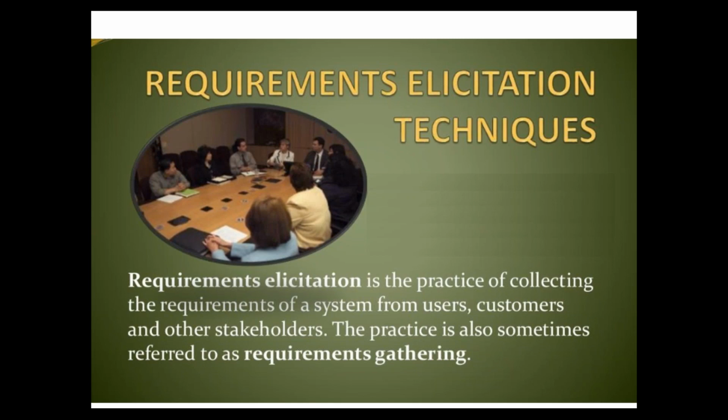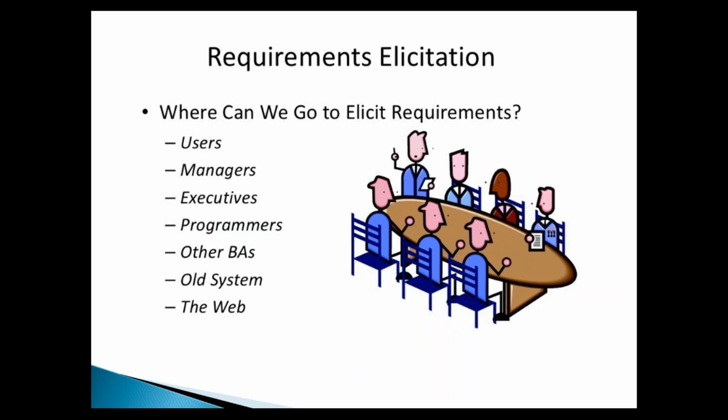The practice is sometimes referred to as requirements gathering, but the actual term that you have to use is requirements elicitation. Okay. So where can you go to elicit the requirements, or whom should you contact to get the requirements? Elicit means get the requirements. Users, managers, executives, programmers, other business analysts, existing systems, old systems, websites, external people, the public, whomever you have to contact and wherever you have to be.